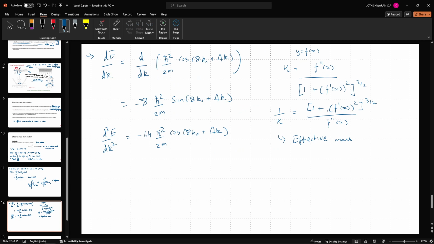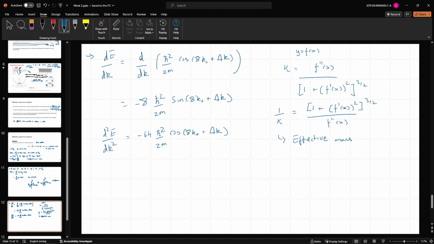So we are considering the maxima point and the minima point.